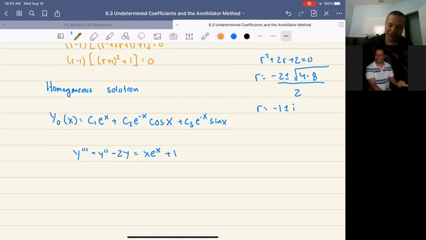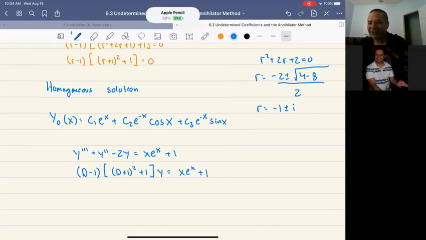This equation is now D minus 1, D plus 1 squared plus 1, times y of x, equals x e to the x plus 1. Okay, so far so good? Golden.